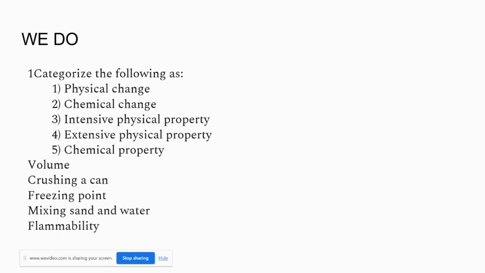Categorize this as physical change, chemical change, or property. And if it's a physical property, is it intensive or extensive? You got 5 things there. Go. You guys were talking on the last one. Talk to your person next to you. Talk it over.